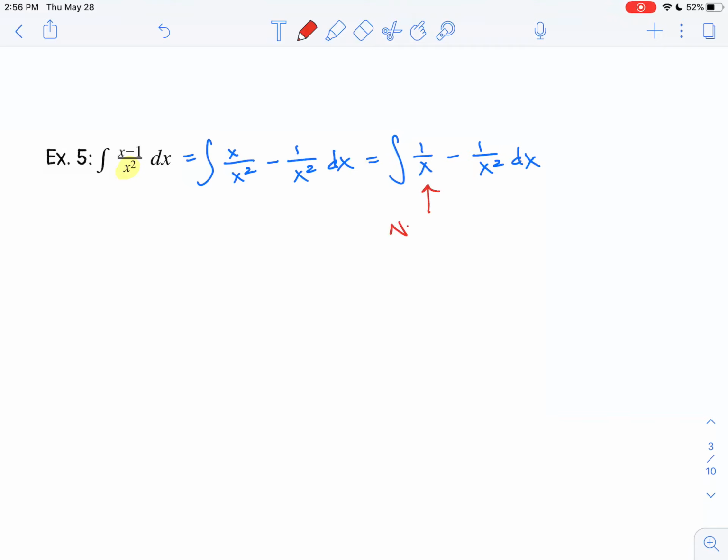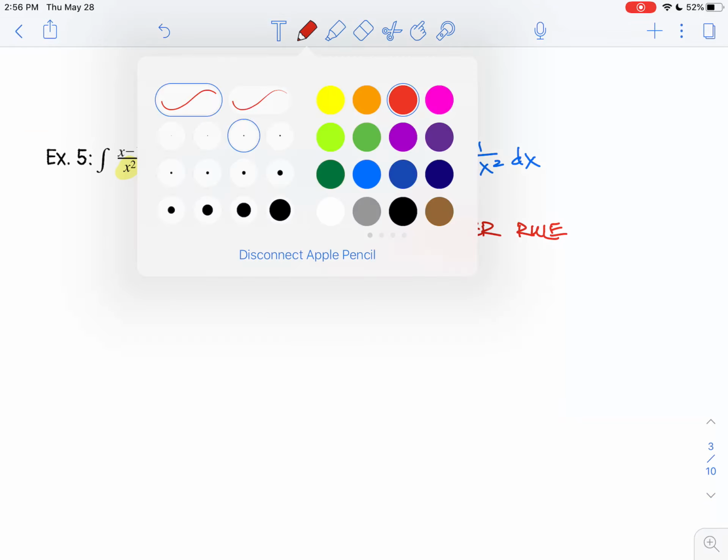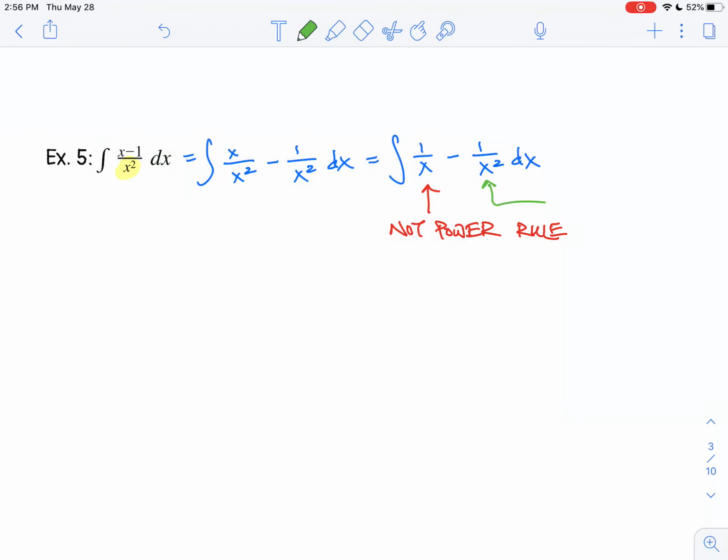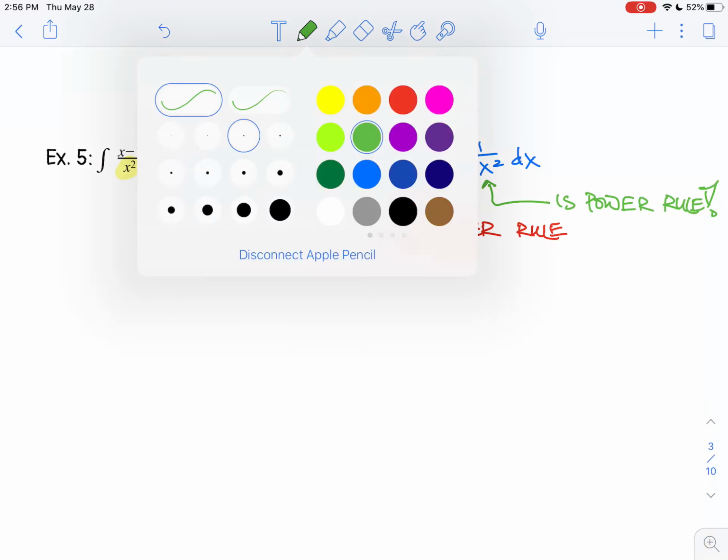So this one is not power rule, okay? And this one is power rule. All right, so 1 over x is not going to require me to use the power rule, but 1 over x squared will require me to use the power rule.